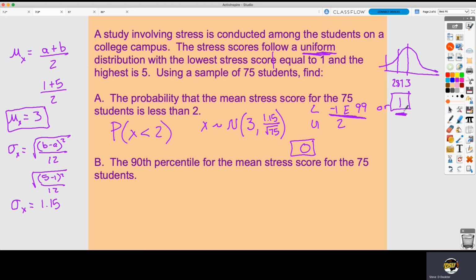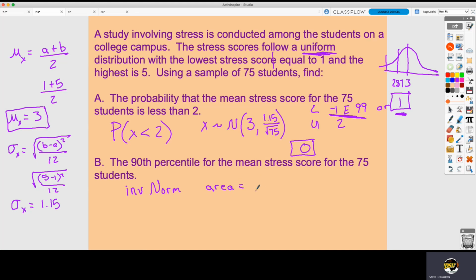All right, next one. Find the 90th percentile for the mean stress score for the 75 students. First of all, what function are we going to use in our calculator? Yeah, we're going to use that inverse norm. And the 3 things that we have to have here: we're going to have the area.